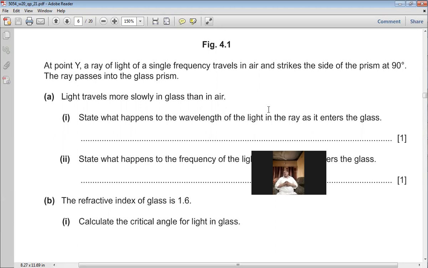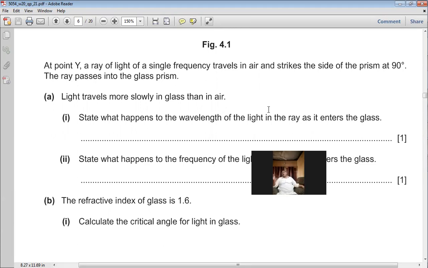See here, the speed of the light in the glass is slower, smaller, as compared to the speed of light in the air. So if the speed of light decreases, the wavelength will also decrease. Whatever happens with the speed, the same thing will happen with the wavelength.